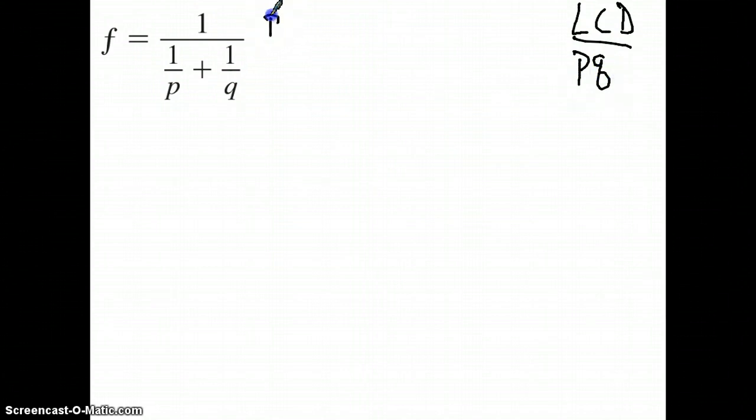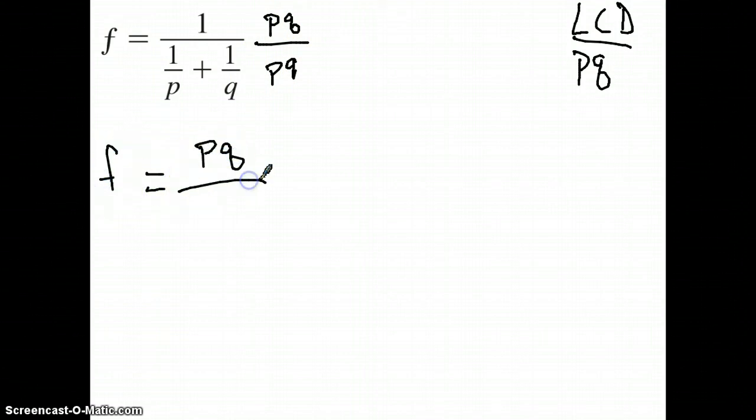So let's multiply the top by PQ, multiply the bottom by PQ, and when we do that, we get our focal length is equal to the product of P and Q all over, well, PQ times 1 over P cancels out the P and just gives us a Q. And then PQ times 1 over Q cancels out the Q, and we're just left with a P.